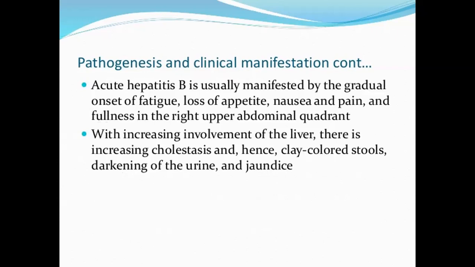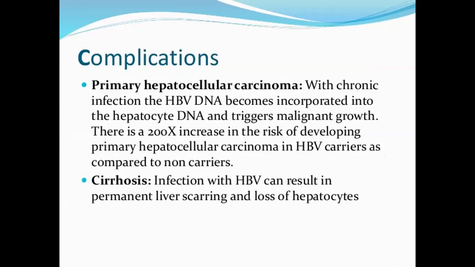Acute hepatitis B is usually manifested by the gradual onset of fatigue, loss of appetite, nausea, pain, and fullness in the right upper abdominal quadrant. With increased involvement of the liver, there is increased cholestasis, hence clay-colored stools, darkening of the urine, and jaundice occurs.